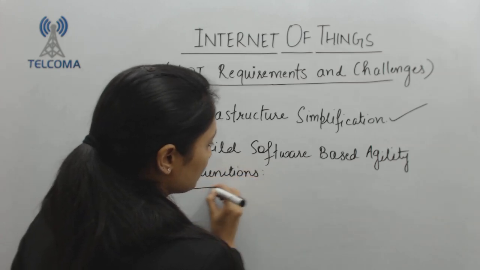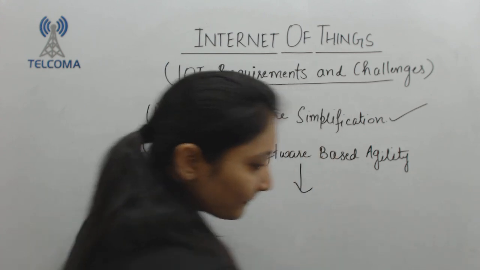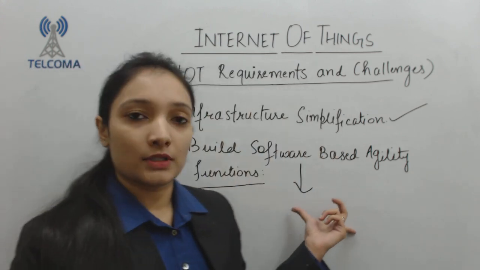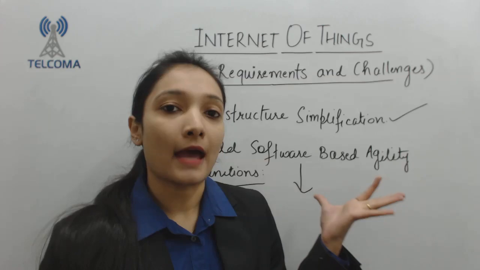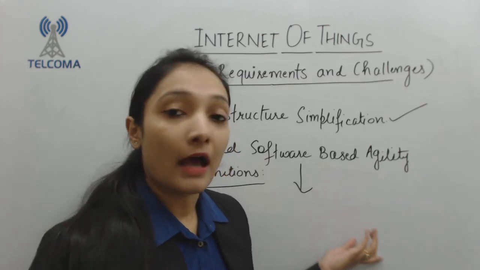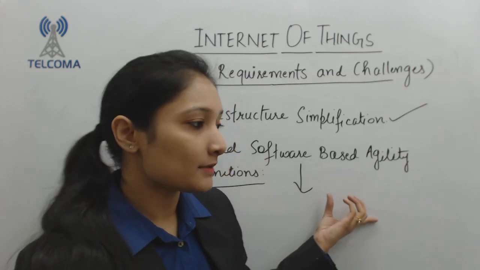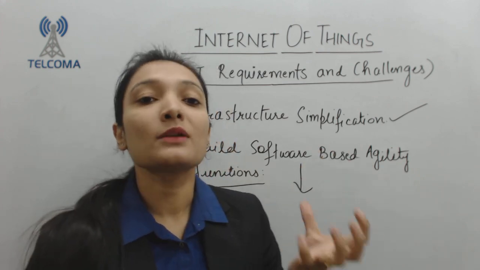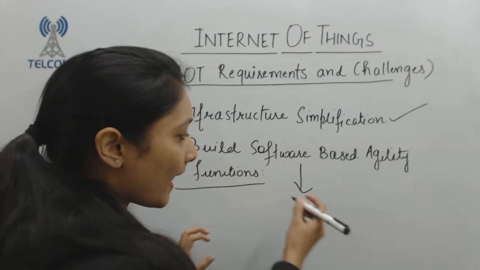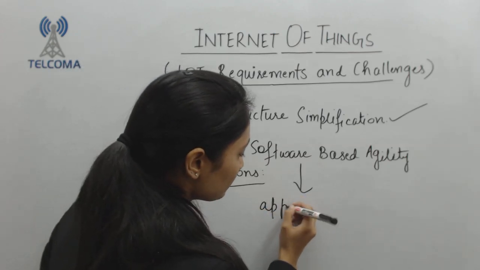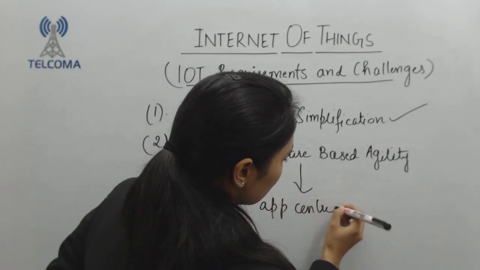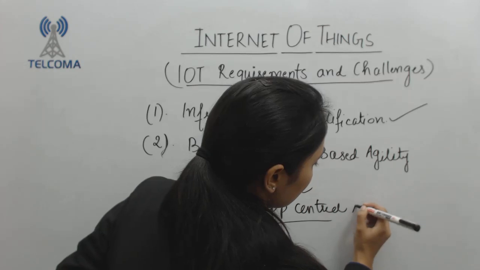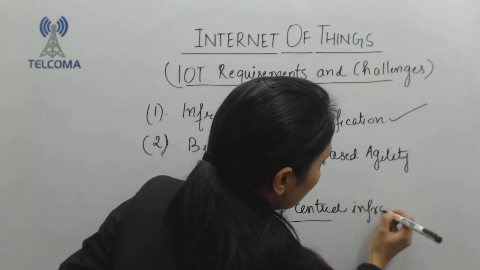Now, that means with IoT, you will have new and enhanced apps. That means richer apps, which will have different capabilities. So you have to optimize the infrastructure. And basically, what we want to create here is an app centered infrastructure.